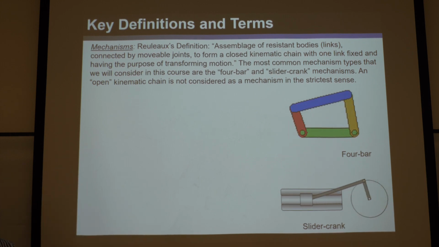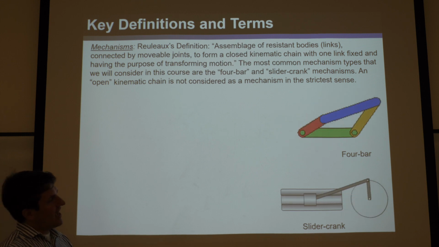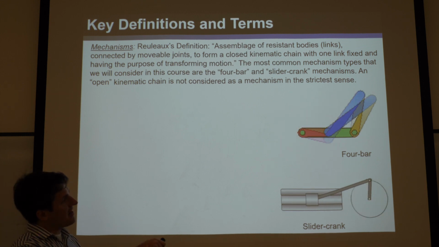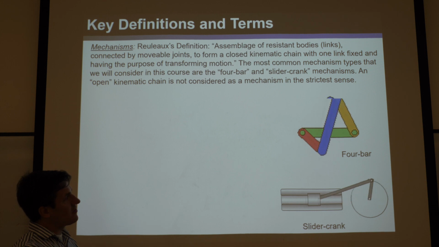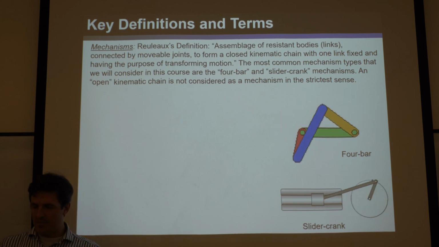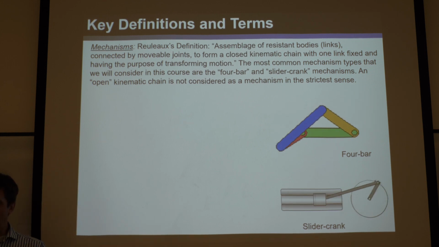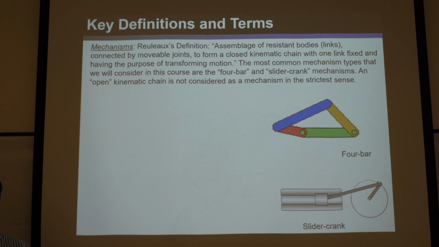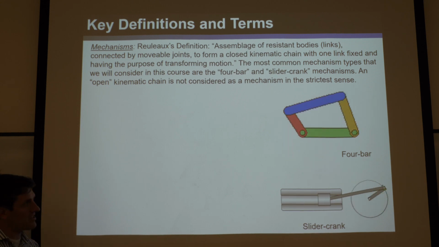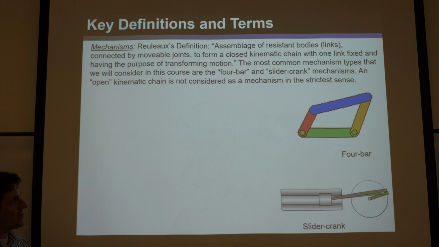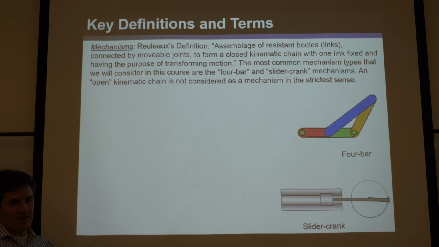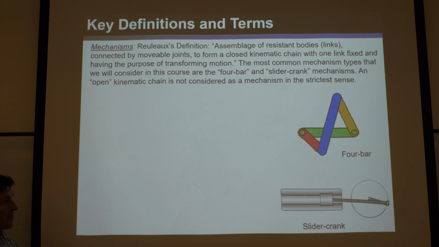The other critical part of the definition is it needs to be a closed kinematic chain. You can see you could draw a closed loop in this 4-bar, which was the example from the last slide. And then the final part of the definition is it needs to be able to move. We're going to review that a lot and do some examples, and you'll be able to tell me what is a traditional mechanism.